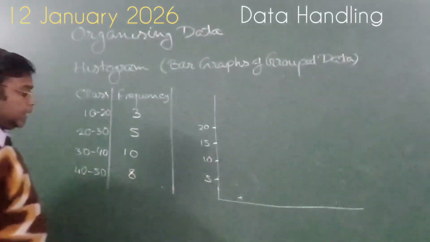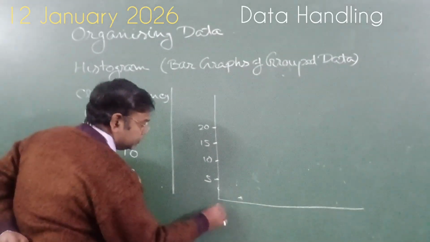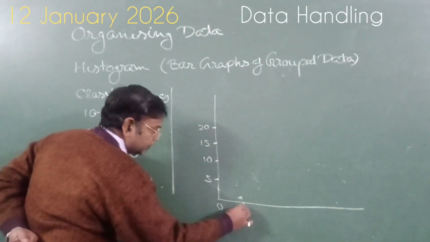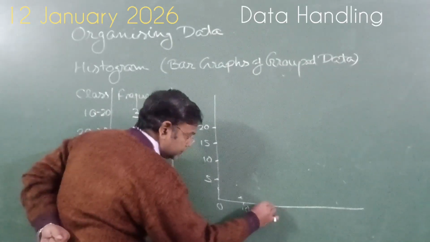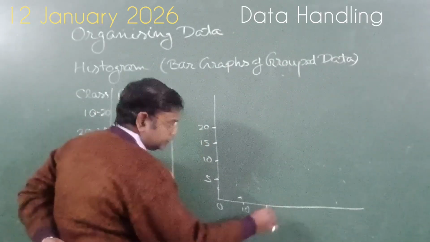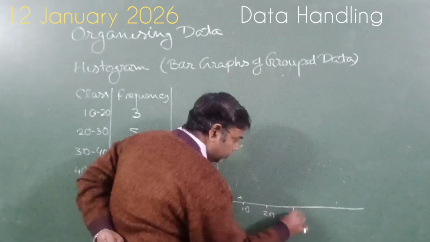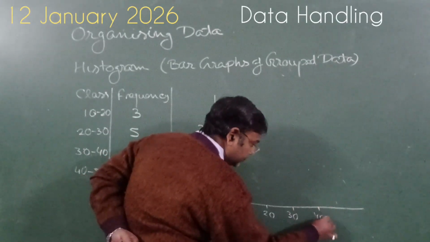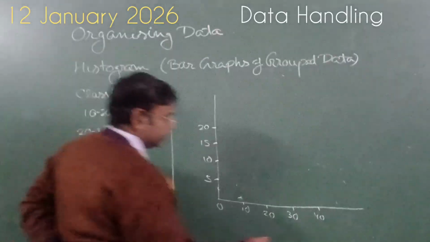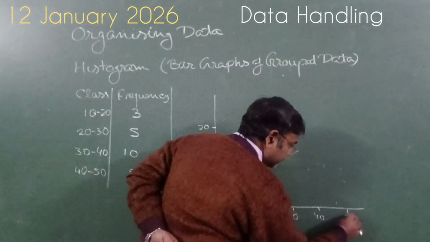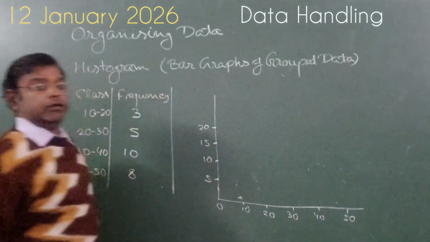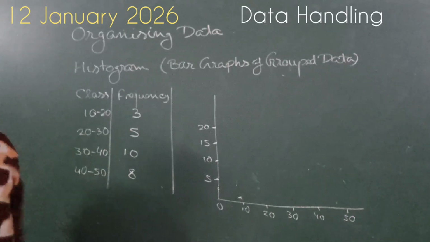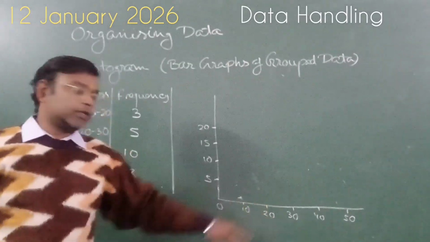On the x-axis, again we start from 0, then 10, 20, taking all of these at regular intervals, and then 40 to 50. Always use your scale. This is your frequency, and this is your class interval.